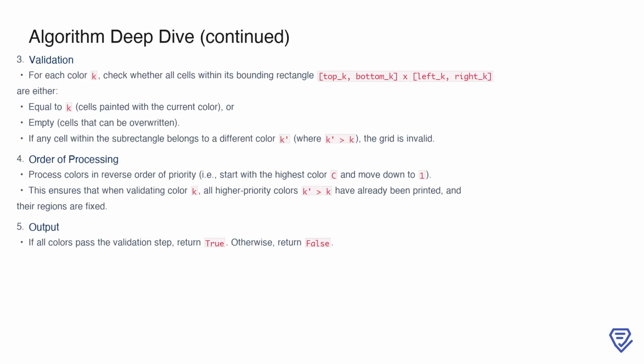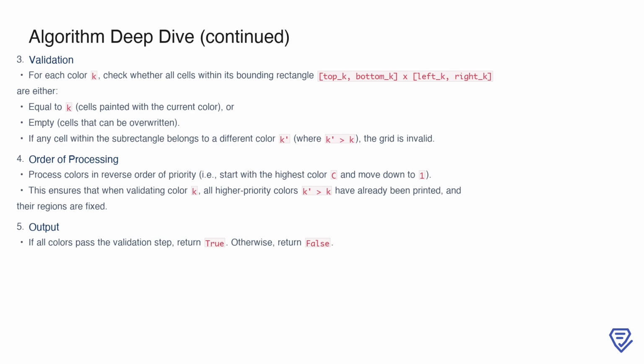Once the bounding rectangles are defined, we validate each one to ensure it meets the problem's constraints. For a given color K, we check all cells within its rectangle, defined by top_K, bottom_K, left_K, right_K. These cells must either be the current color K or empty, meaning they can be overwritten.